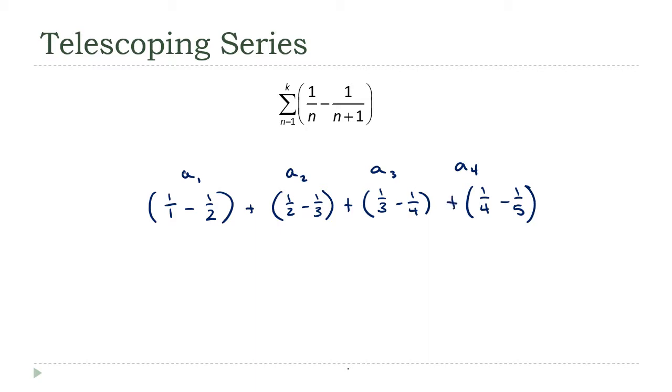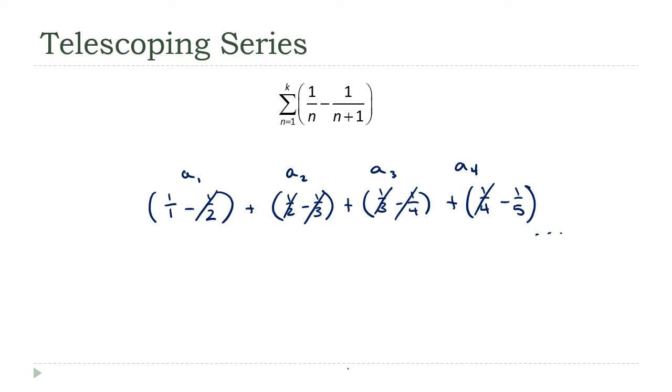But if I add all of these together, look at what happens. 1/2 minus 1/2, those go away. 1/3 minus 1/3, 1/4 minus 1/4, and that process is going to continue. The last fraction in one term is going to cancel with the first fraction in the next one. All right, so let's see how this ends.